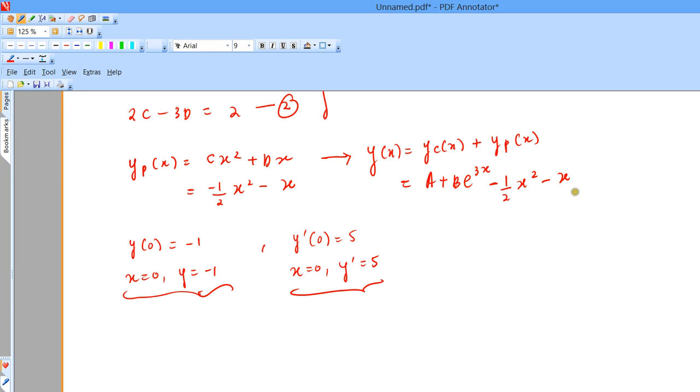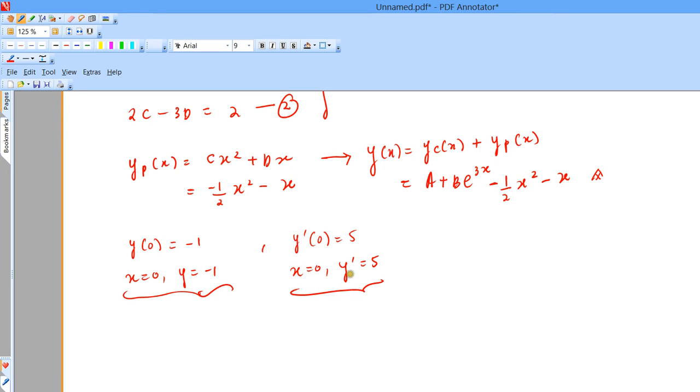So this is the general solution for non-homogeneous. But when we have an initial value problem, we need to substitute into this y(x).